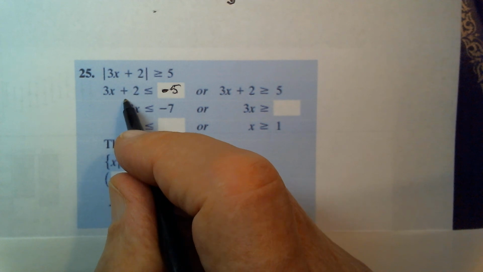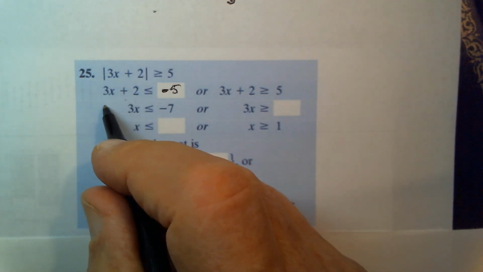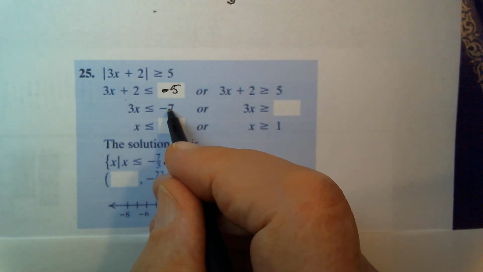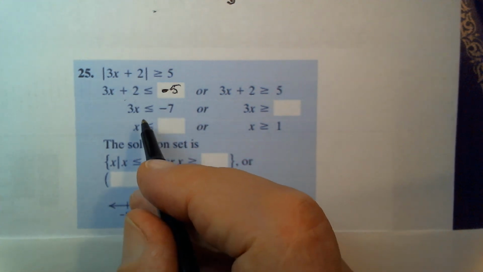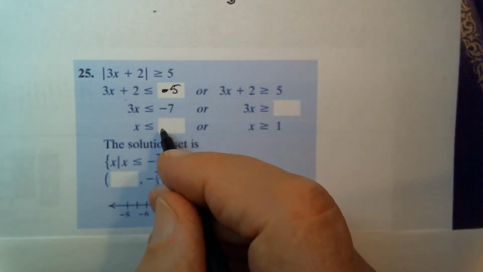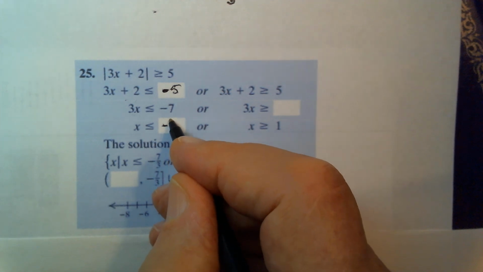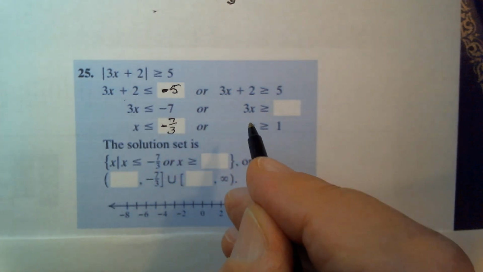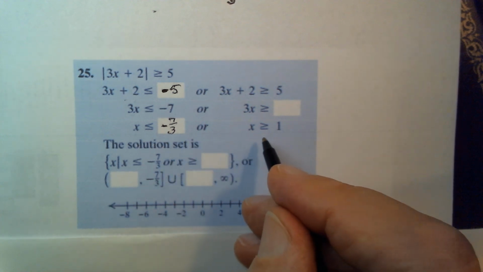By subtracting 2 on both sides, we isolate 3x, and minus 5 minus 2 is minus 7. Then we divide both sides of the inequality by 3 to isolate x, so we get x less than or equal to minus 7/3.